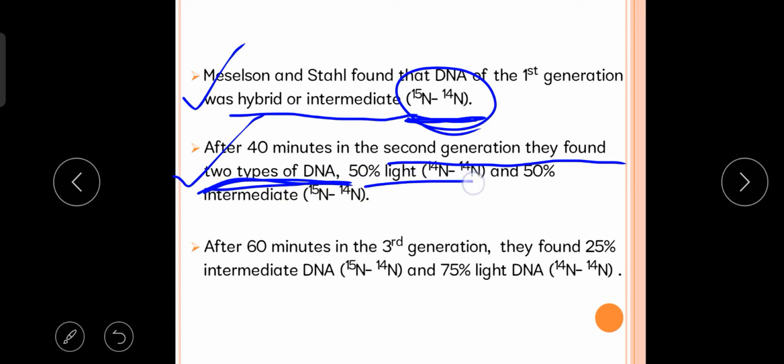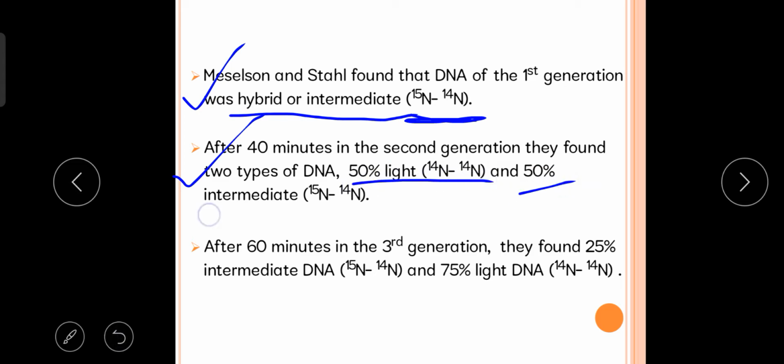Light means the DNA with light radioisotope, that means 14N and 14N. And 50% were intermediate or hybrid, which means the strands are 15N and 14N. So they got two types of DNA after second generation: 50% light, that means 14N and 14N, and 50% intermediate, that means one strand 15N, one strand 14N.